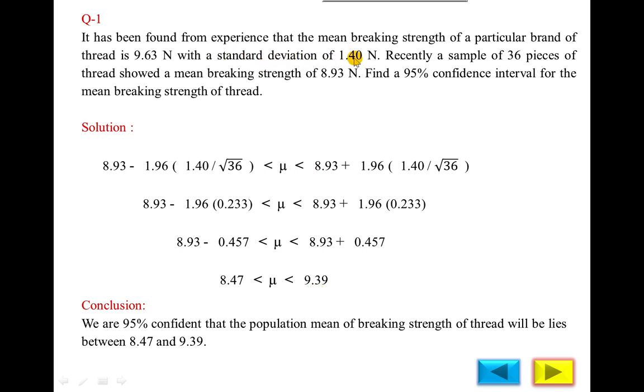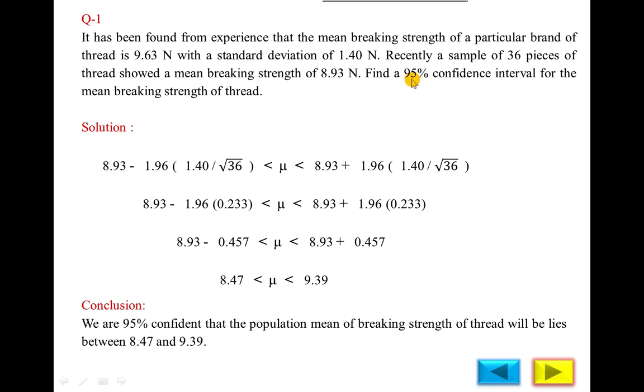With the standard deviation 1.40, we will use sigma in the formula of the confidence interval. A sample of size 36 showed a mean breaking strength, x bar, of 8.93. The 95% confidence interval, this is the question of the confidence interval only.